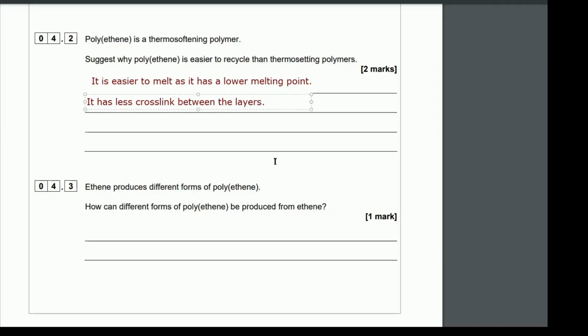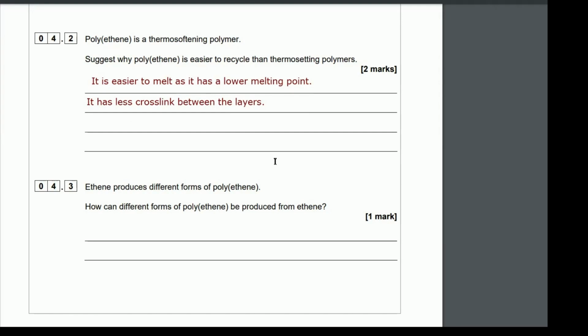There are intermolecular forces that hold the different layers of polymer chains together. And in thermosetting polymers, those cross links, which are not quite bonds, they're weaker than bonds, they're weak intermolecular forces. Thermosetting ones have more of those, so it's harder to separate them than thermosoftening.